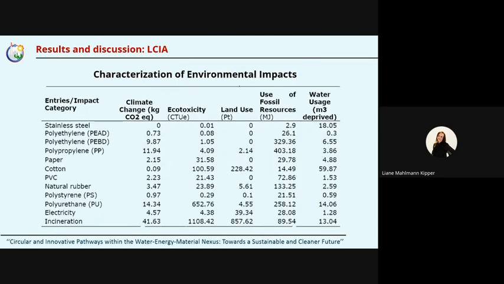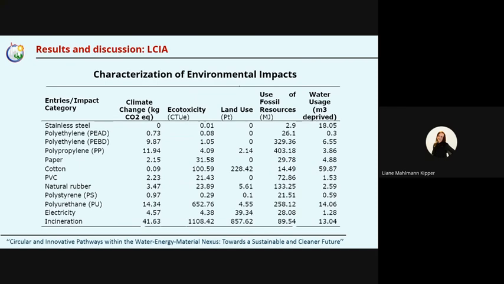The table shows the characterization of environmental impact. This analysis revealed that the greatest environmental burdens are concentrated in the production chain, raw material extraction and processing, and the disposal phase, specifically incineration.